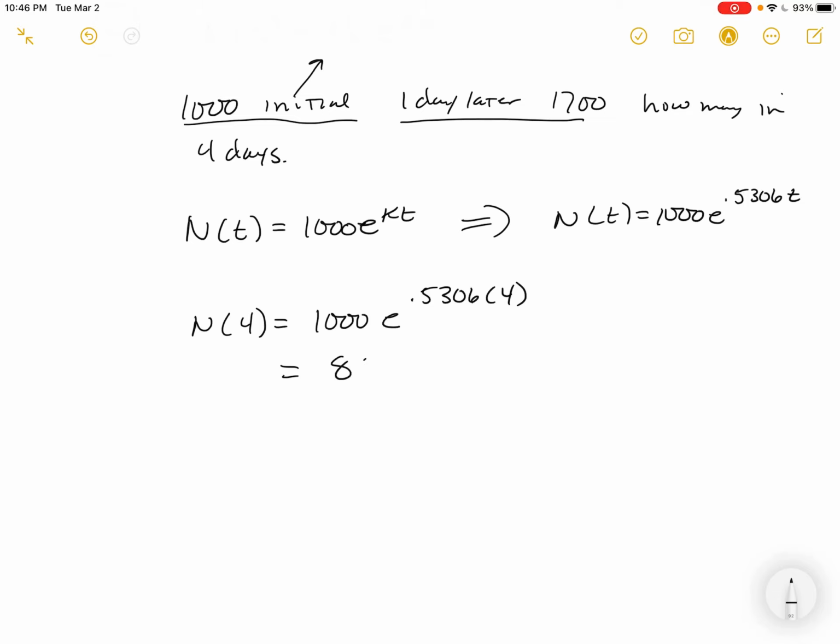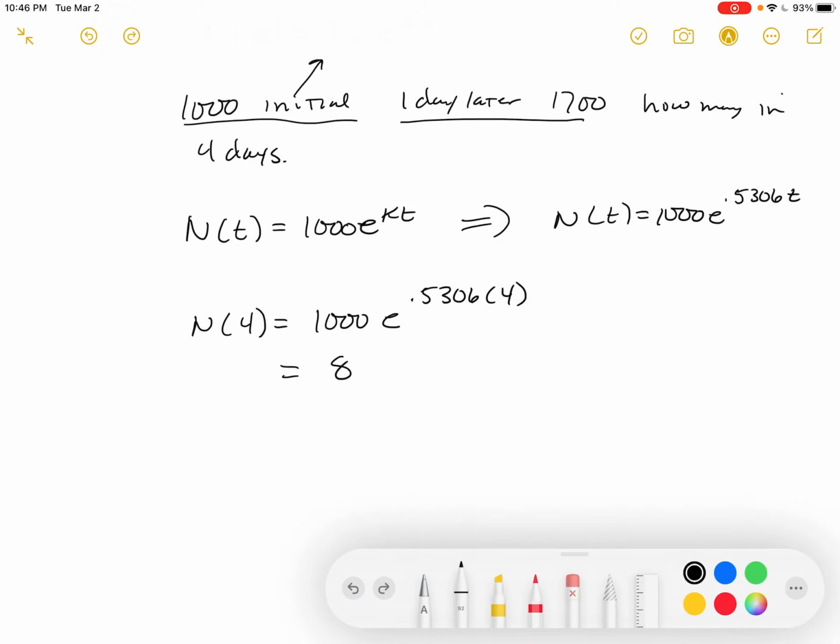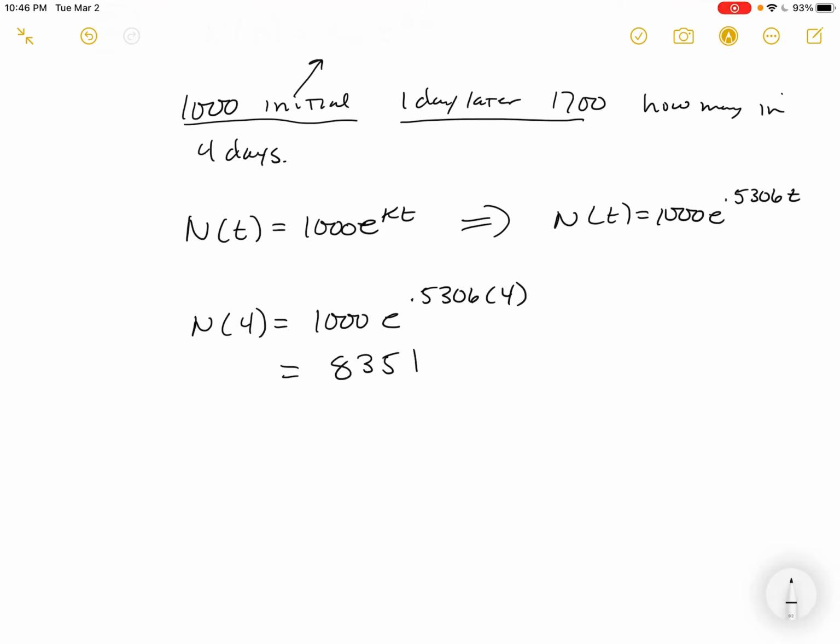And I get 8351.156 mosquitoes. Okay, so 8351. Now, it's asking me not to round until my final answer.